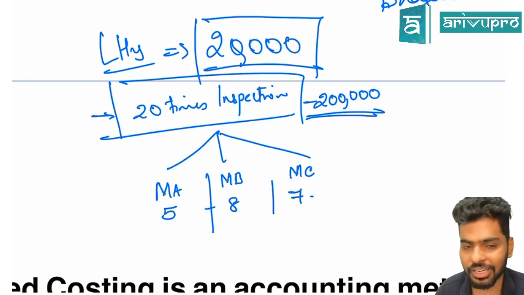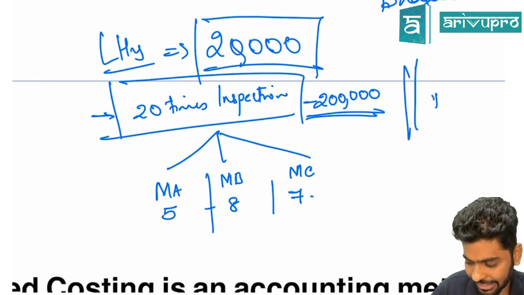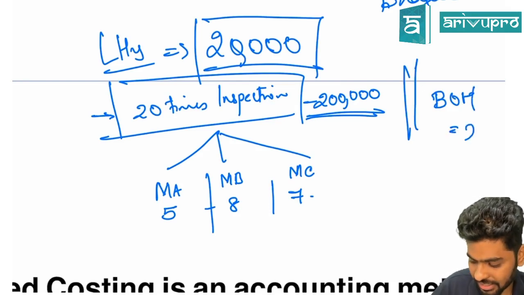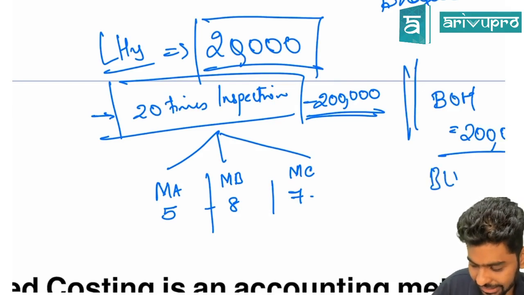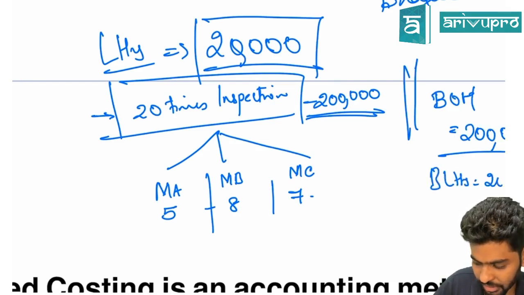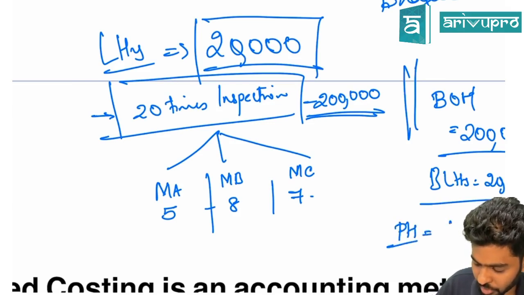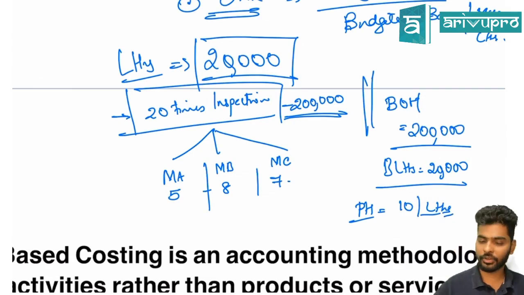As per traditional accounting, that's the absorption costing, I take budgeted overheads of 2 lakh divided by my budgeted labor hours, which is 20,000. So per hour my overhead absorption is 10 per labor hour. Yes or no? Are you guys clear?